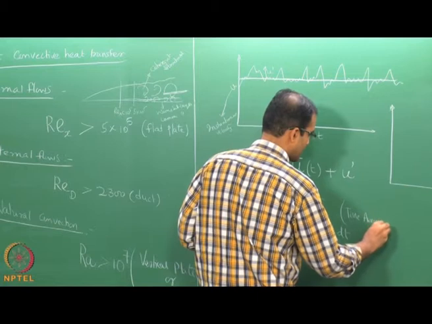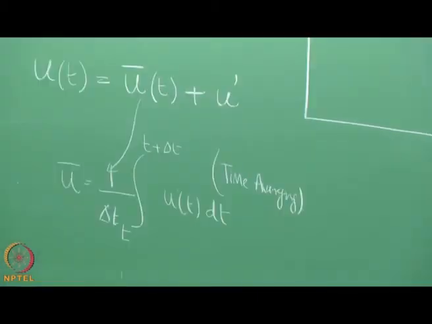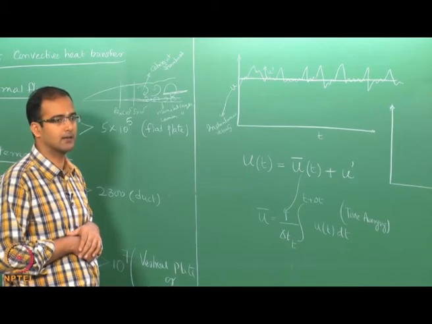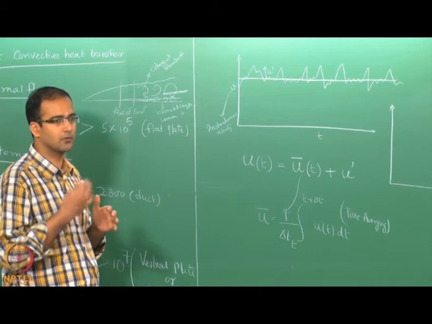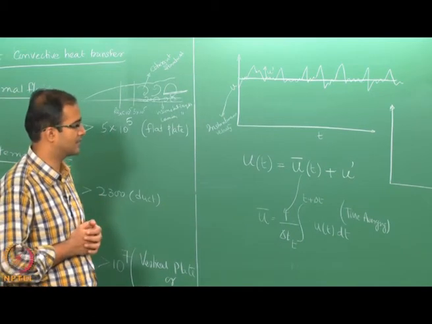So, we can average the instantaneous component over a period of time with a certain filter, which is delta t here, and if you do this average, you get the mean velocity we have represented here.